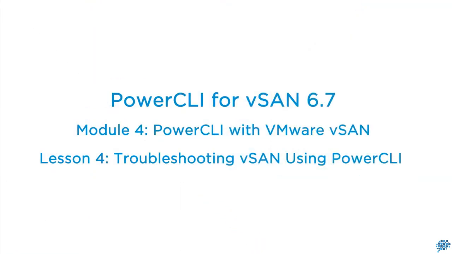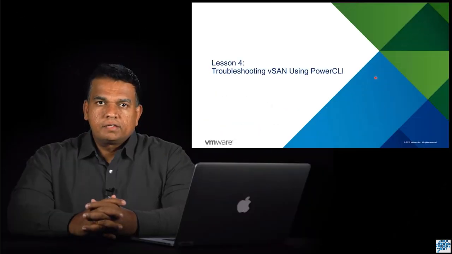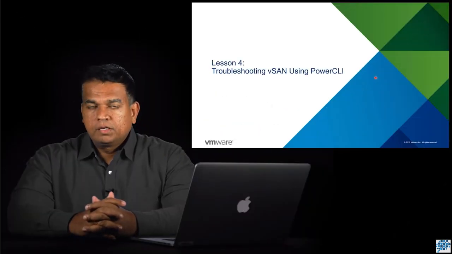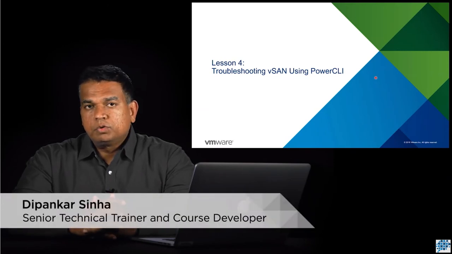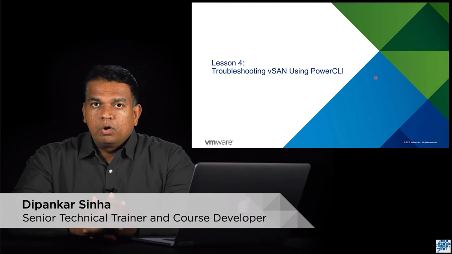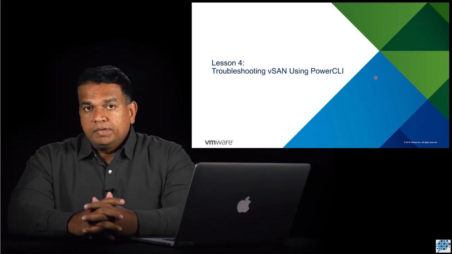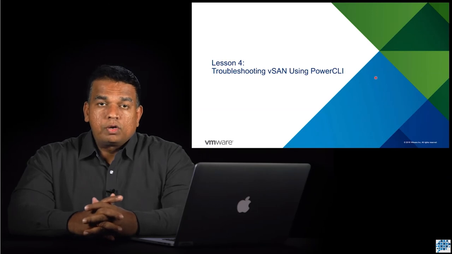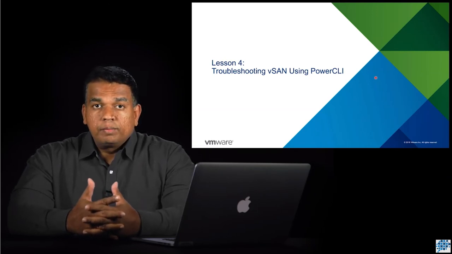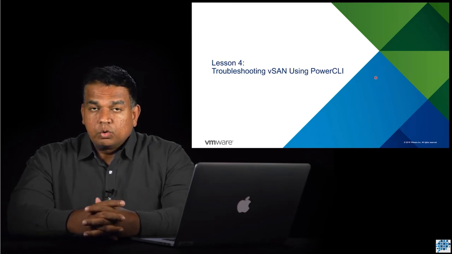In this video, I am going to talk about troubleshooting a vSAN cluster using PowerCLI commandlets. When it comes to performing any kind of troubleshooting with your vSAN cluster, we commonly use the RVC console. The RVC console has traditionally been used for troubleshooting because it allows us to pull out a lot of detailed information about the vSAN cluster, particularly the disks or the disk groups.